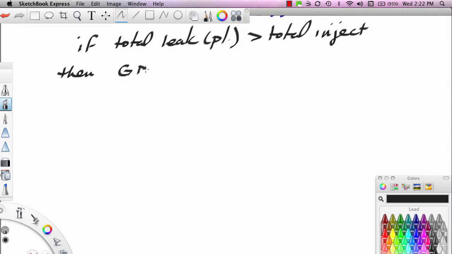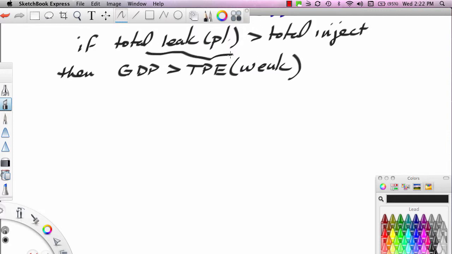So GDP will be greater than TPE. In other words, you'll have weak spending. Again, the weak spending is due to this relationship here. If more is leaking out of the spending stream than coming into the spending stream during the period, spending will be weak.